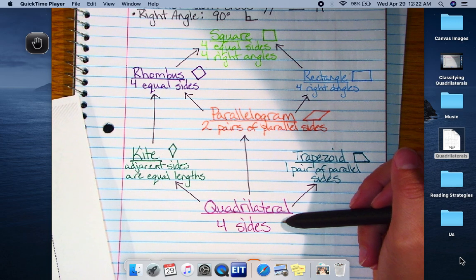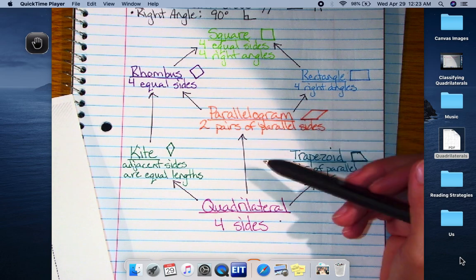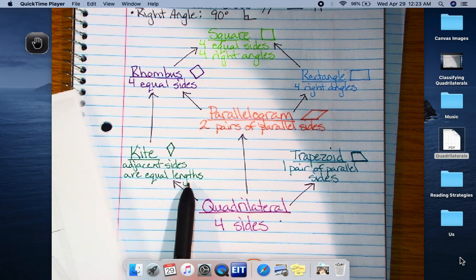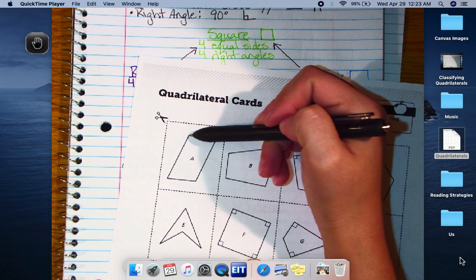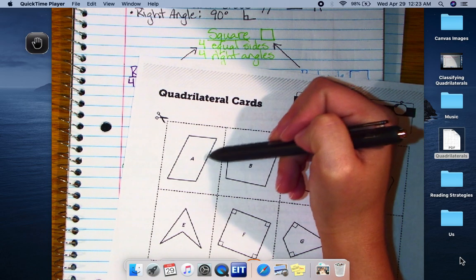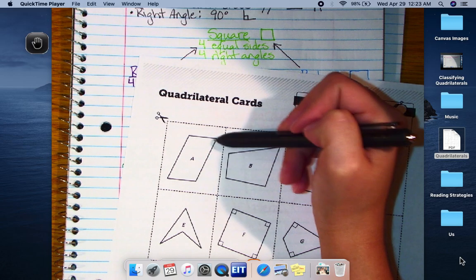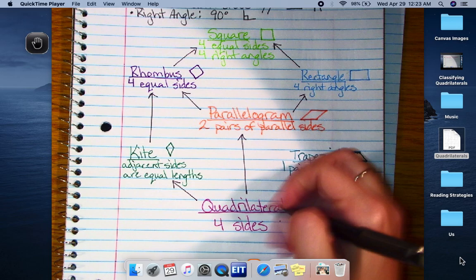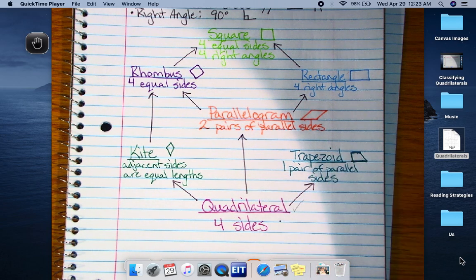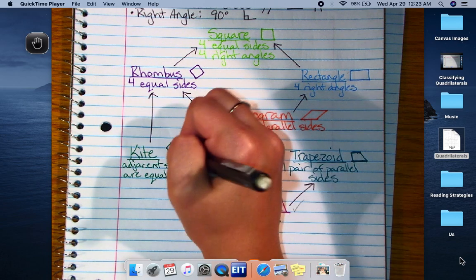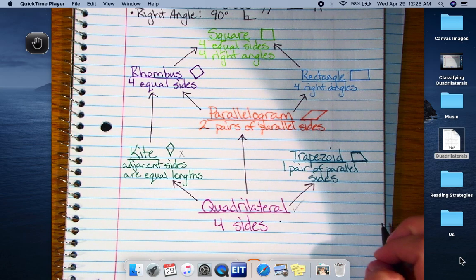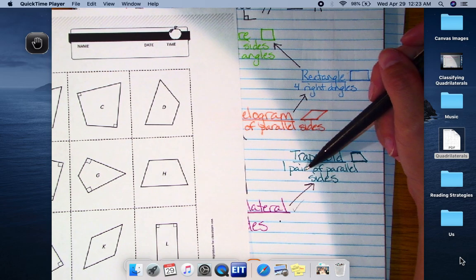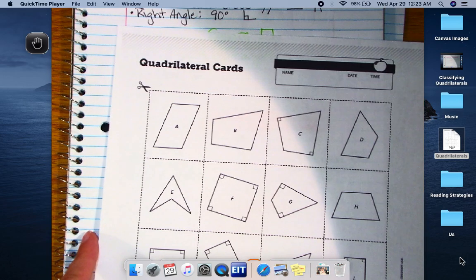Now I can't stop there. I need to see if I can be more specific. Kite, the adjacent sides are equal lengths. Well, this side is touching this side, and those are definitely not the same length. So that tells me it is a quadrilateral, but it is not a kite. Looking back, a trapezoid has 1 pair of parallel sides.